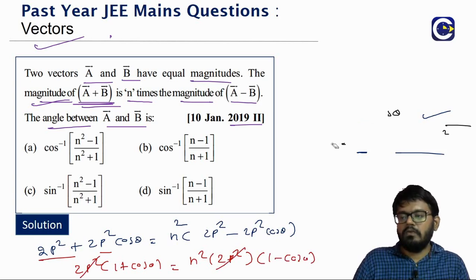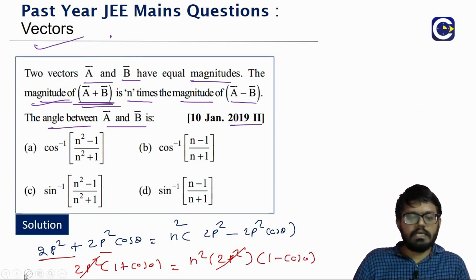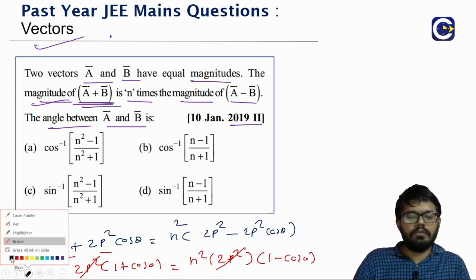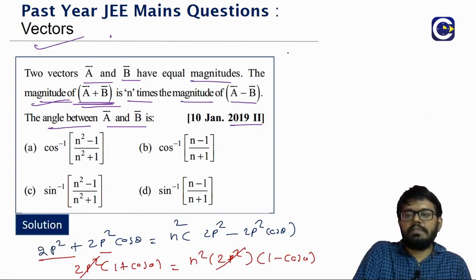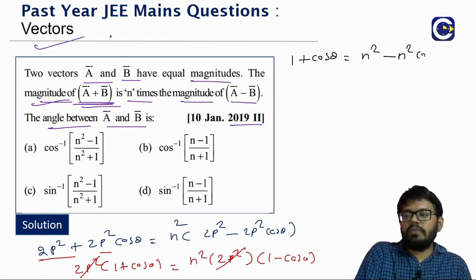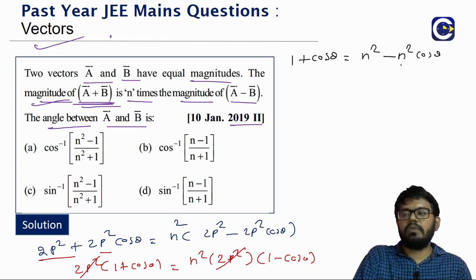Now what will we have? What is our task? We have to find the value of theta, right? Left side is 1 plus cos theta. Right side is n square minus n square cos theta. So let us rearrange. Let us bring the minus n square cos theta to the left and take the 1 to the right.